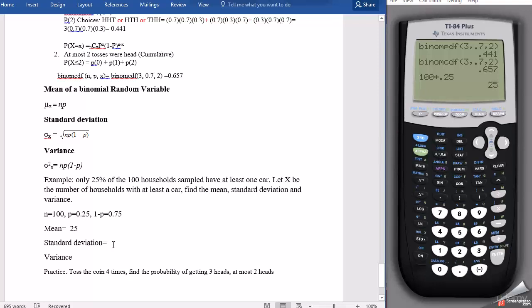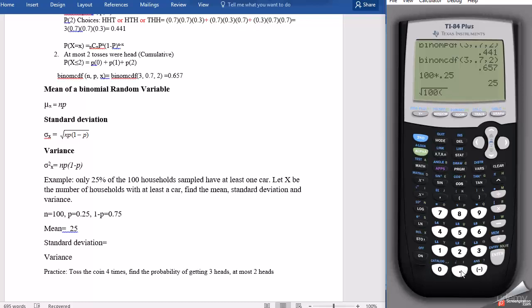And then the standard deviation is going to be the square root of np(1 minus p). So what we are going to do is do it right here. I'm going to do second, and come here, the square root. n is 100, and then times, let me use parentheses, times p.